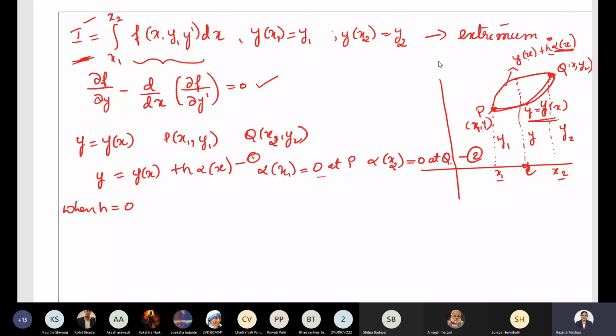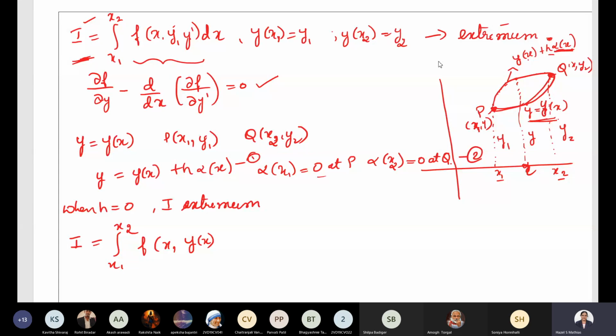When these curves coincide, what we get is the extremum. I attains the extremum when h is equal to 0. So you can write the integral I as the integral from x1 to x2 of f of x comma y of x, y dash.